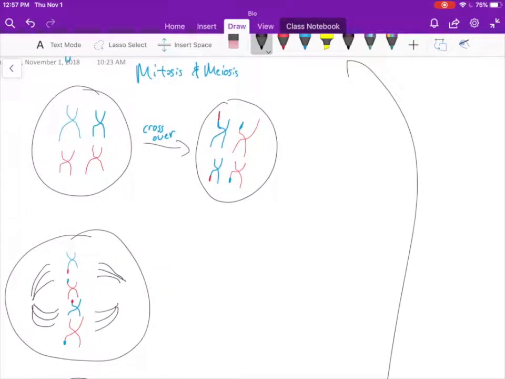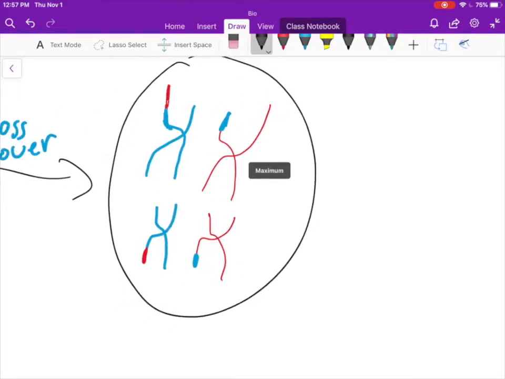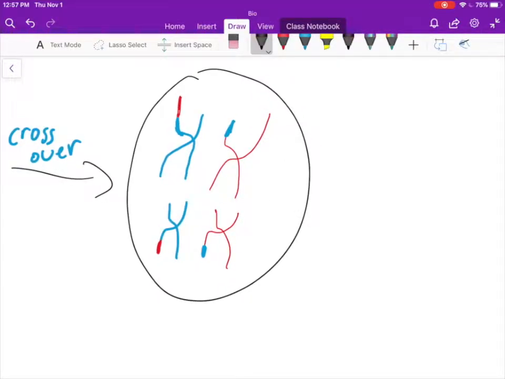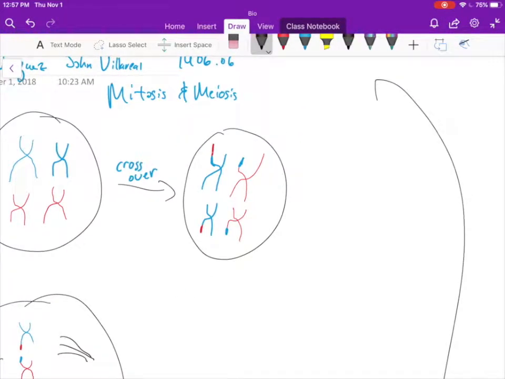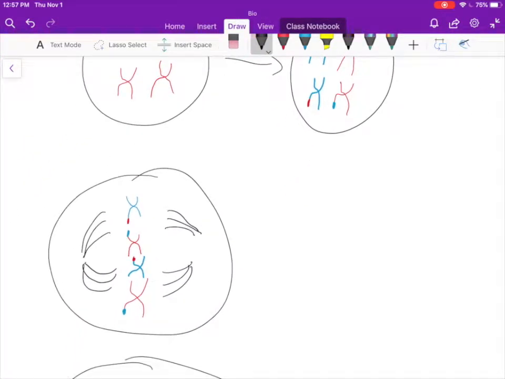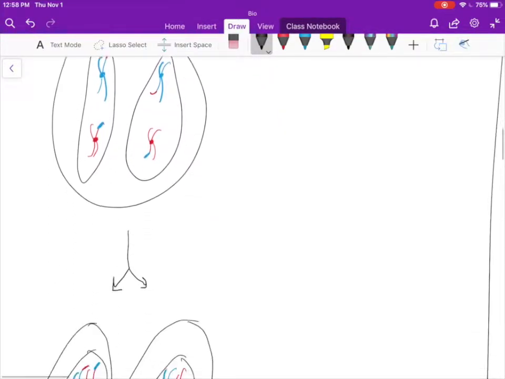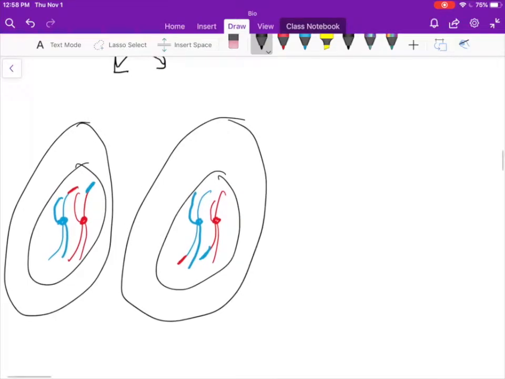So, the process is the same, where it goes through prophase, metaphase, anaphase, telophase, and cytokinesis, except in prophase 1, there's a process called crossover, where some of the chromatids switch places, so the information is switched into another chromatid, and once they go through metaphase 1, then they start separating, and then they form two daughter cells.